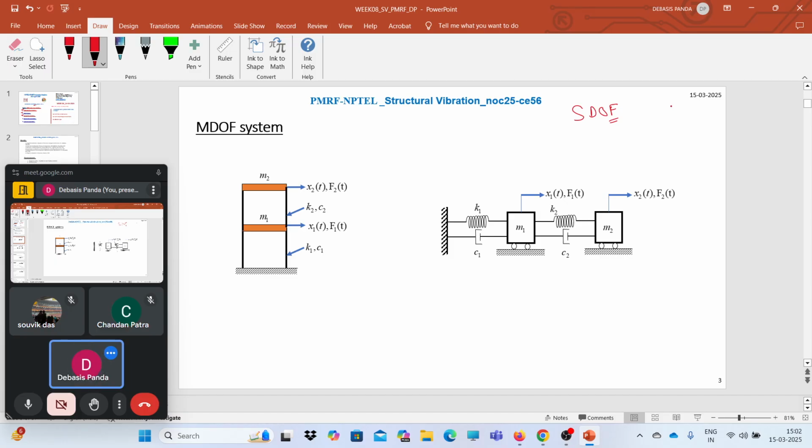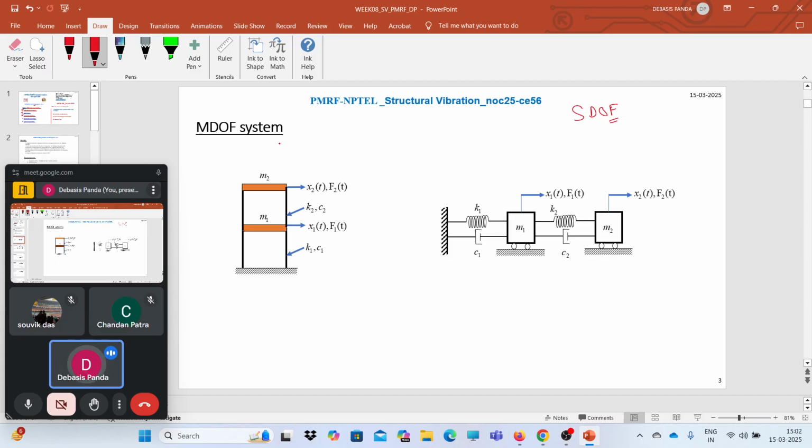Then we moved to the response spectrum, where also we talked about SDF systems. The definition of degree of freedom, we know, is the number of independent displacement coordinates required to identify the position of the masses with respect to their original or initial positions.